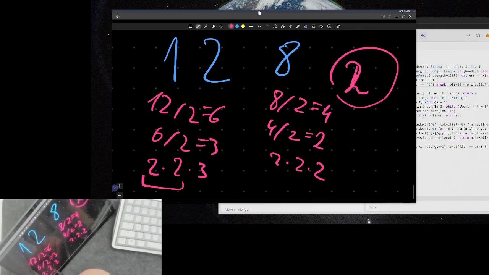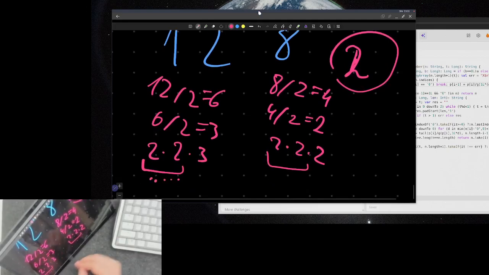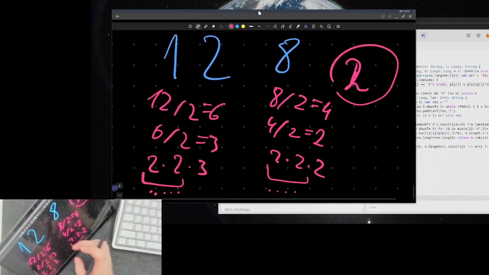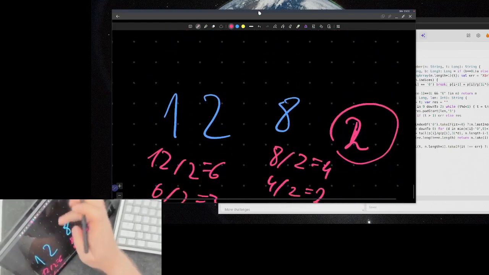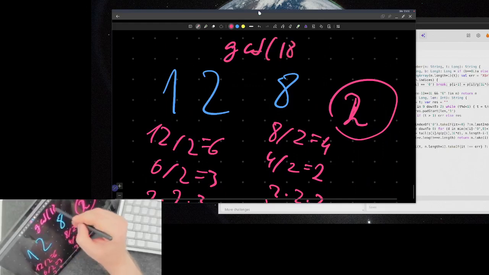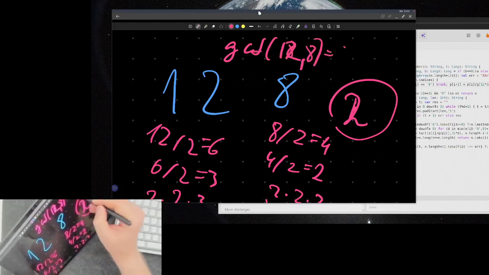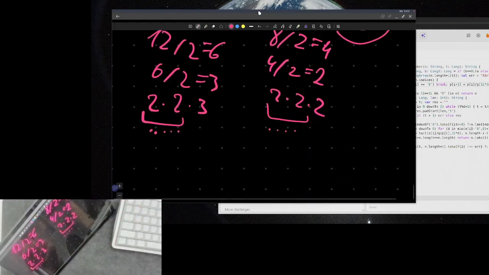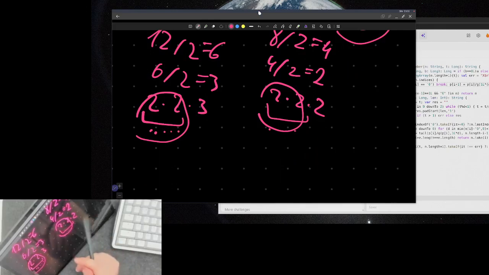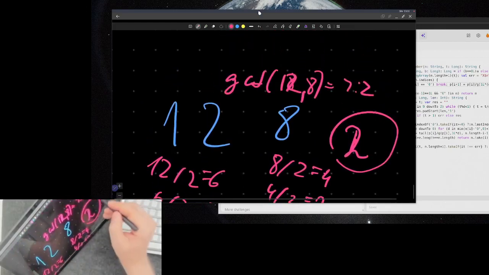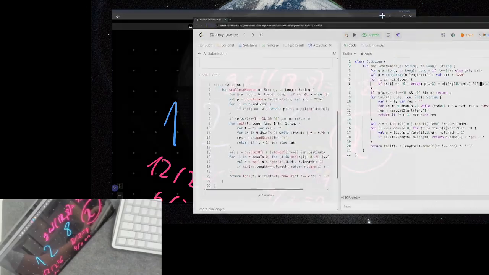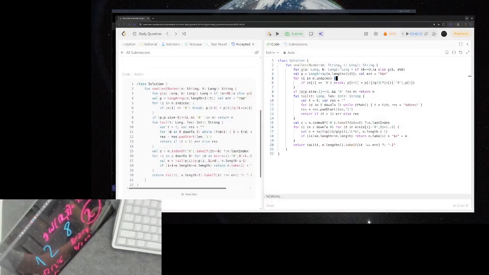And we can do it in one step instead of doing it in n steps. This could be shortened to just GCD of 12 and 8, which is 2 times 2. This is GCD, greatest common divisor. It's common for them, and it's greatest possible. So it's 4. Okay, this is how we destruct or decrease this t for each position and prefix.